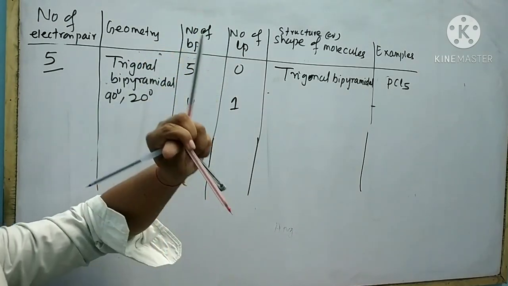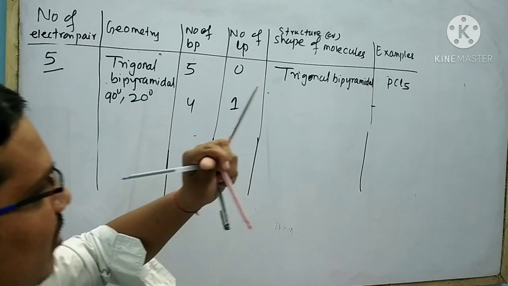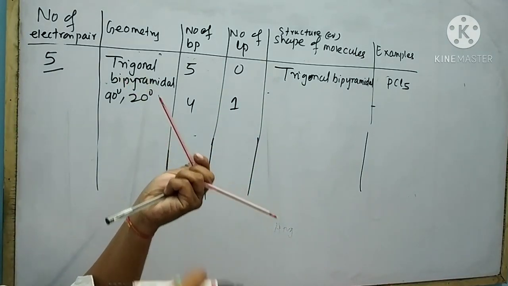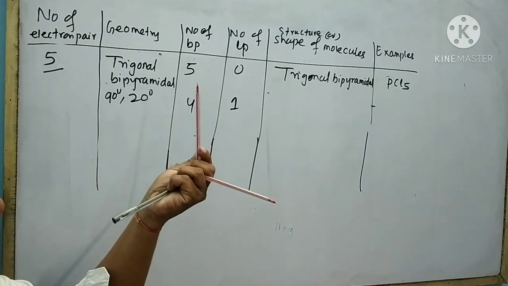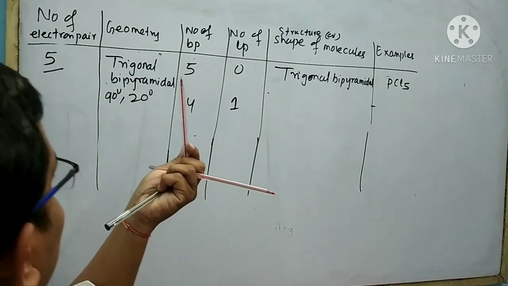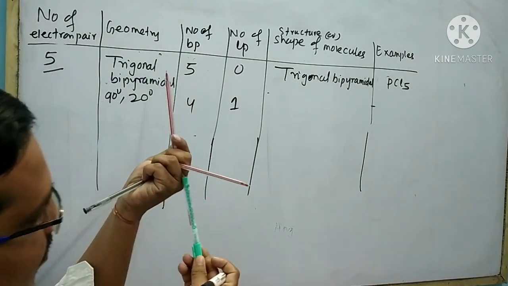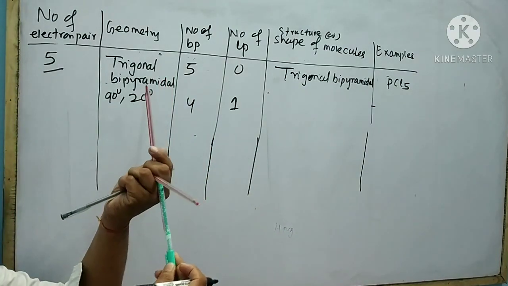The bond angle is 109.5 degree, but the irregular tetrahedral looks like this. Here 4 bond pairs are present like this. If you think about it, there is also another lone pair present in this molecule.